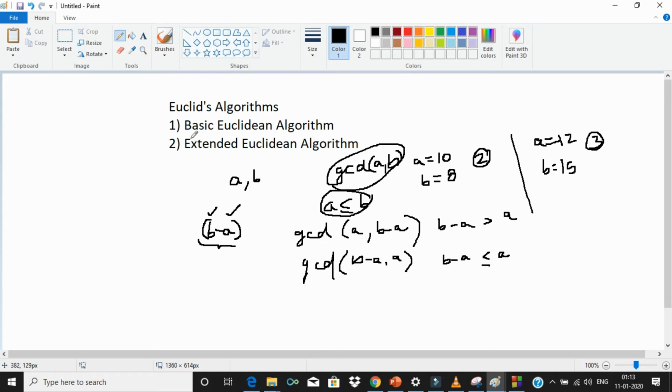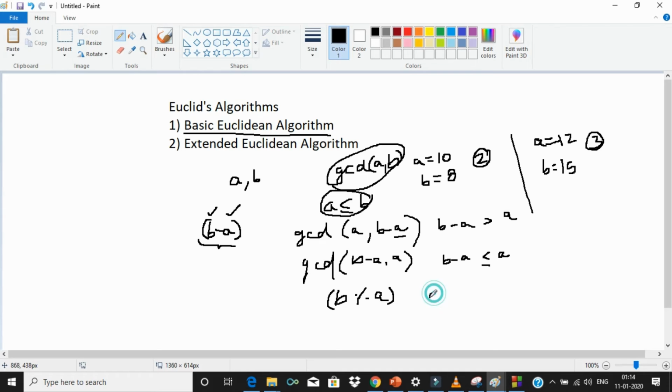But what the basic Euclidean algorithm focuses on is that even though we have to subtract a multiple times to make it smaller than a, why don't we take the remainder of b divided by a? So that is b modulus a. This is the remainder when b is divided by a. So this is what the basic Euclidean algorithm uses.